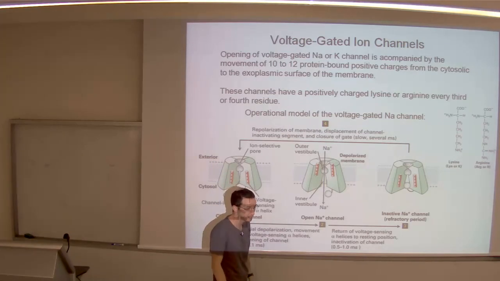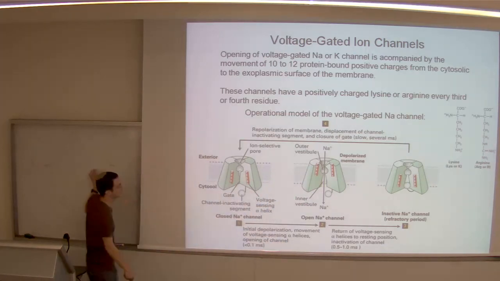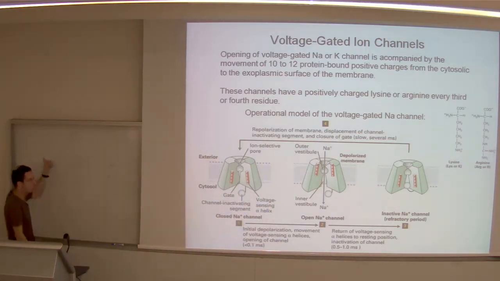Yes? How does it explain the refractory curve? So the refractory period is when one action potential has just occurred, and now you try to depolarize the membrane even further to give rise to another action potential.